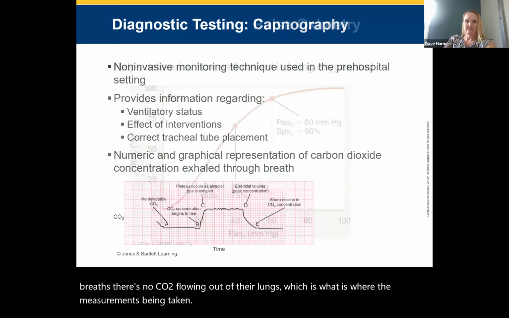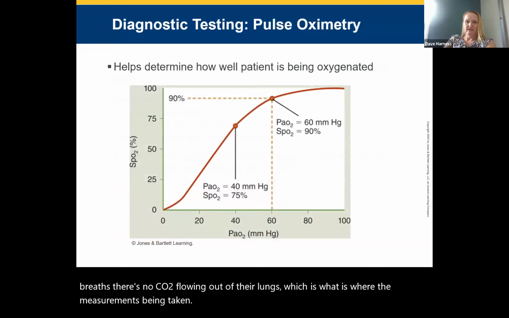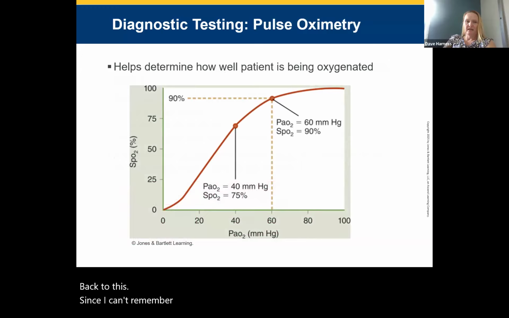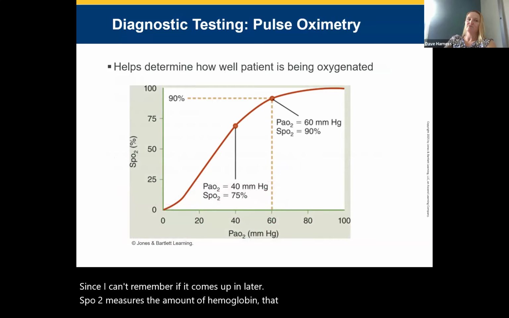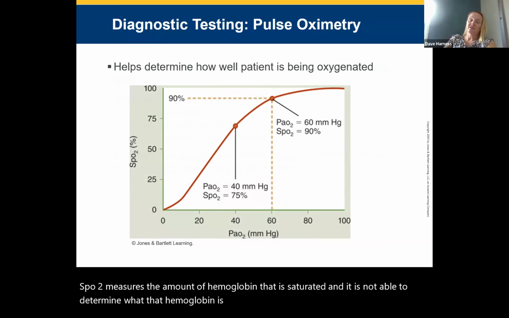Back to this one, because I can't remember if it comes up again later. SpO2 measures the amount of hemoglobin that is saturated, and it is not able to determine what that hemoglobin is saturated with, whether it's carrying oxygen, carbon monoxide, or carbon dioxide.